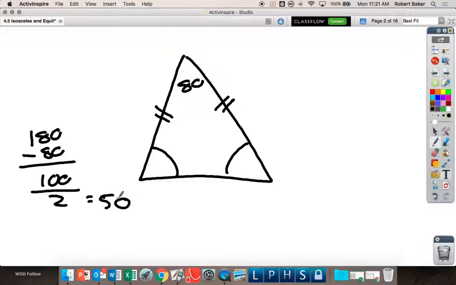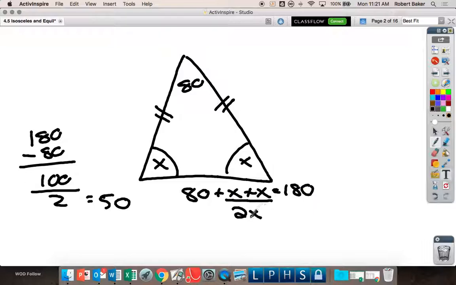Sometimes it's nice to see that base angles are equal, and you could say 80 plus 2x equals 180. If you subtract 80 from both sides, that's why you're dividing by 2, because 2x equals 100. Let's try a harder one yet.